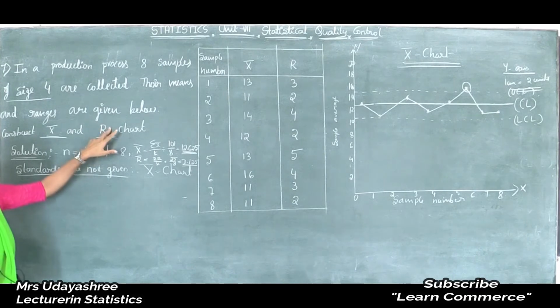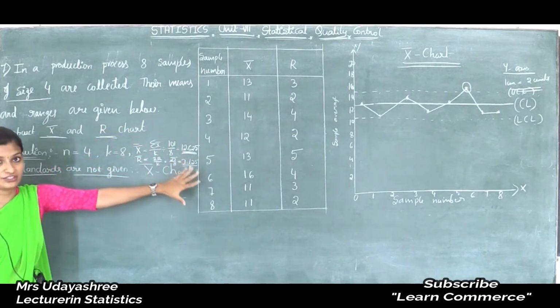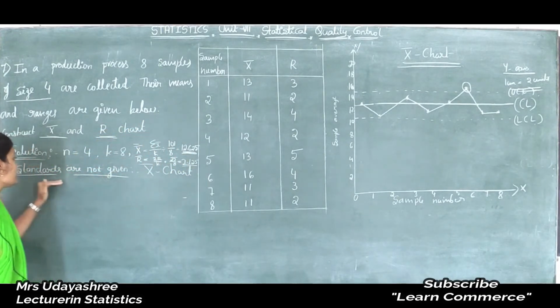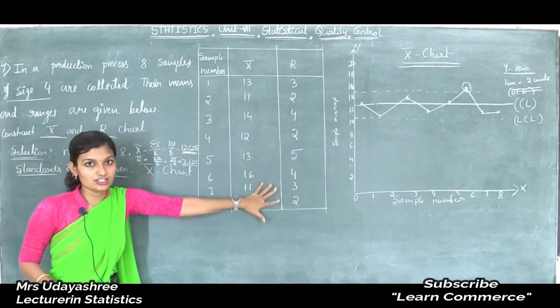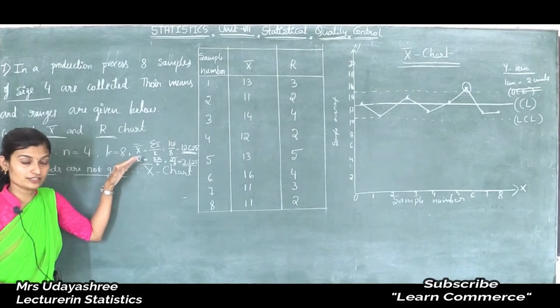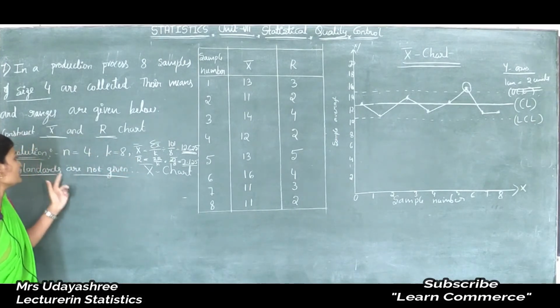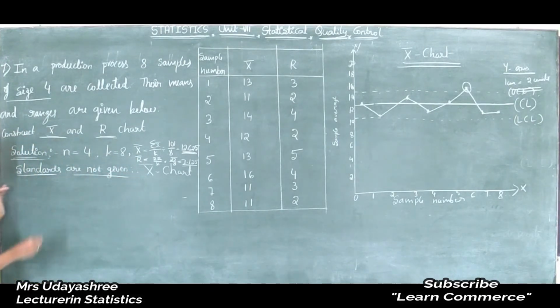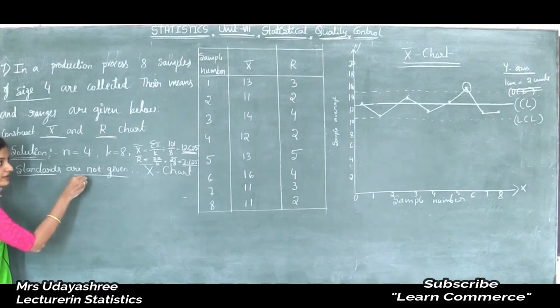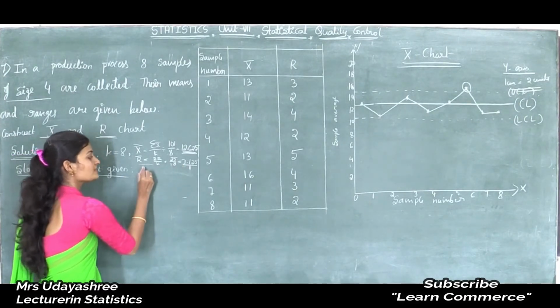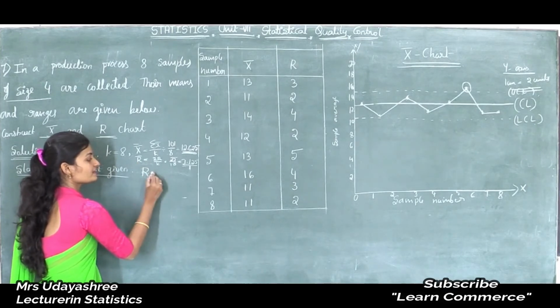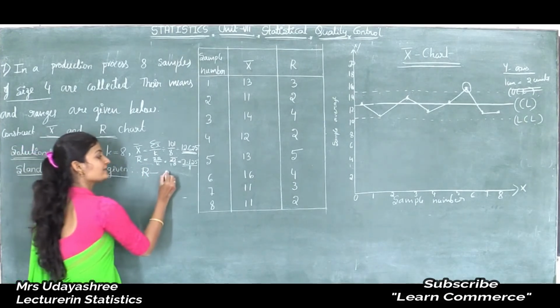So here we need to calculate the R bar value. Using these observations we can find out the R bar value. Therefore, if standards are not given, then how to find the R chart formulas? So now we are going to construct the R chart.